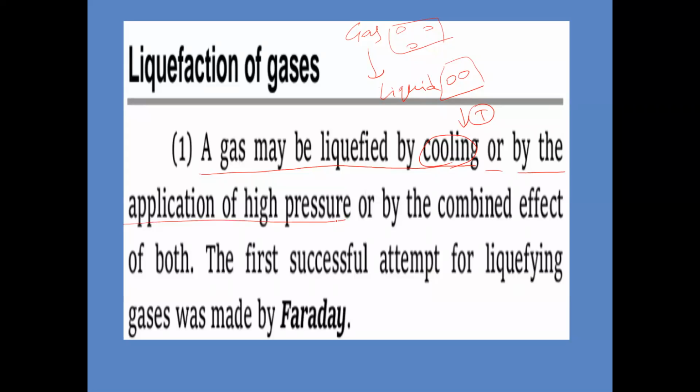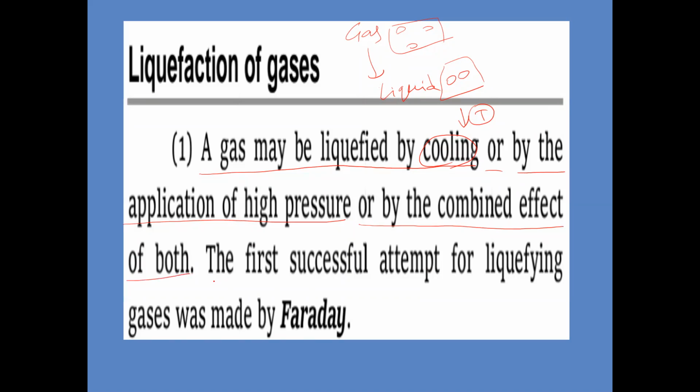When you apply high pressure on the gas, the gas will be compressed and converted into the liquid state. So by applying high pressure, or by cooling the gas, we can convert the gas into liquid. Or by the combined effect, meaning both cooling and applying pressure.